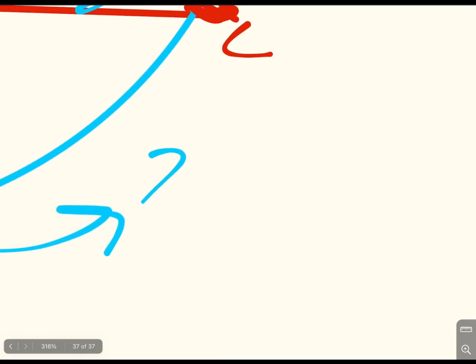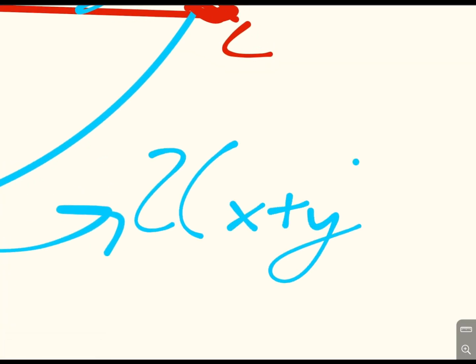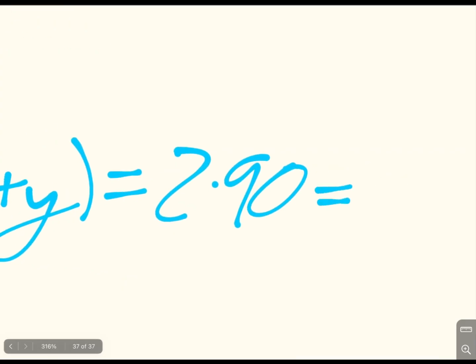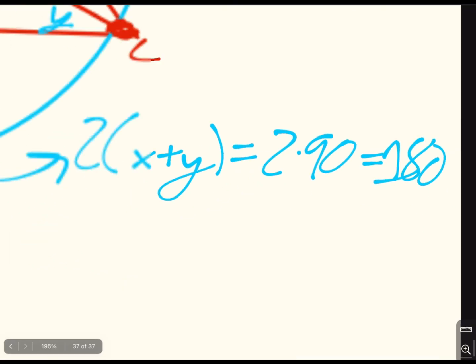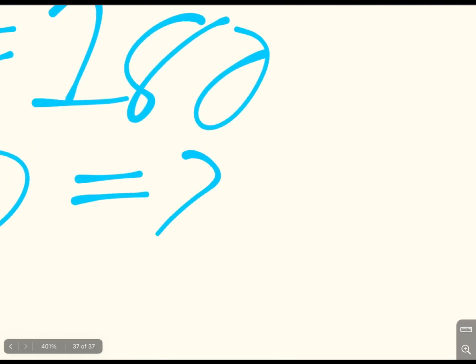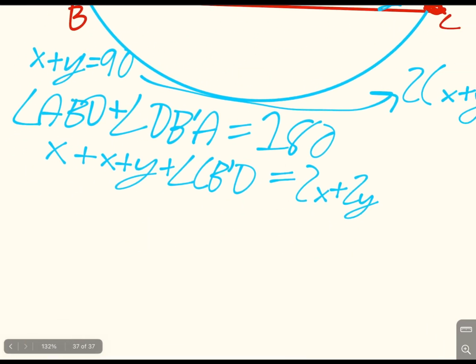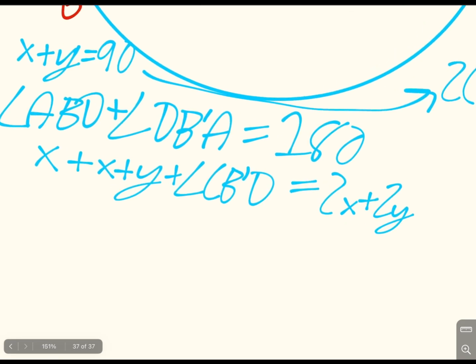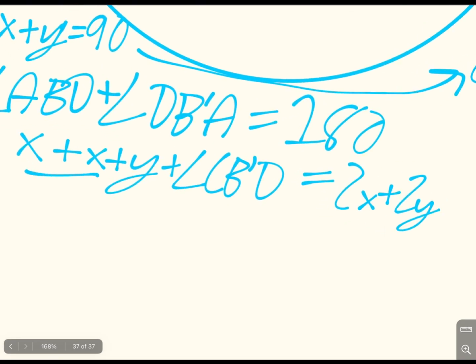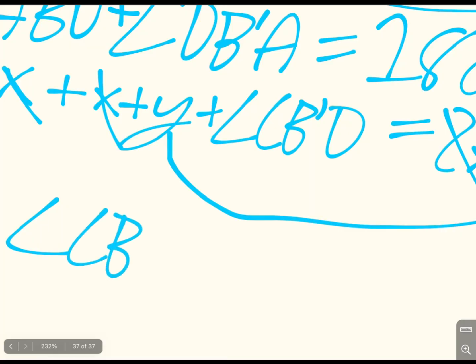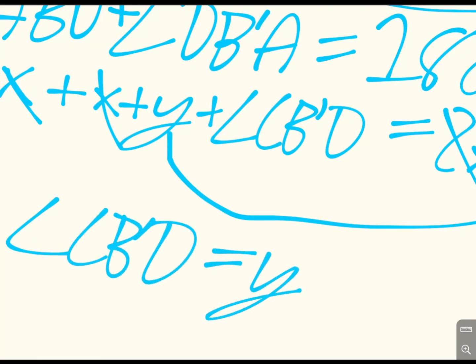Then 2x plus 2y is going to be equal to 2 times 90, which is just 180. So we can write 180 in terms of x and y, which would just be 2x plus 2y. Then we can isolate for angle CB prime D. The 2x cancels out, and you subtract y on both sides, which leaves angle CB prime D being equal to y.